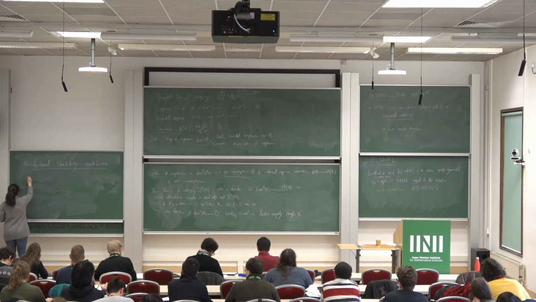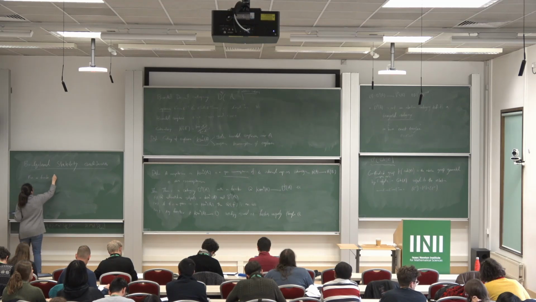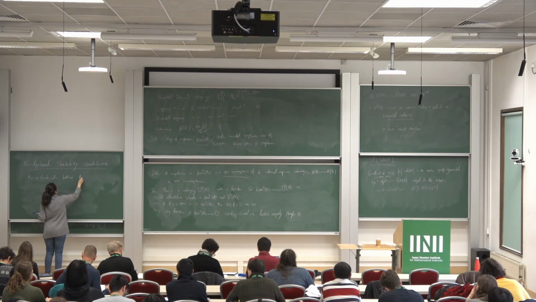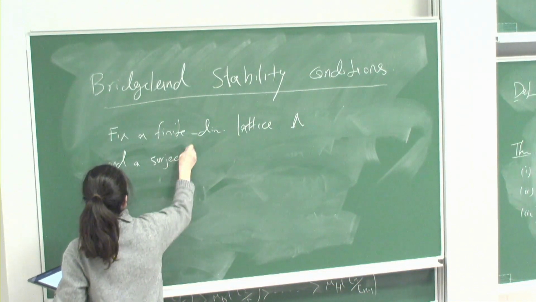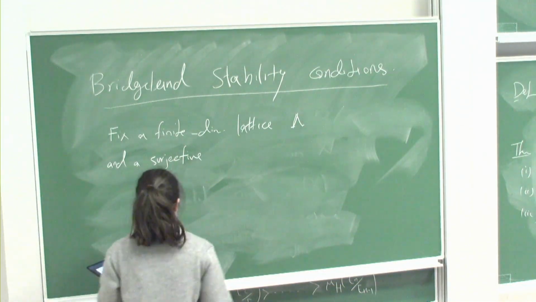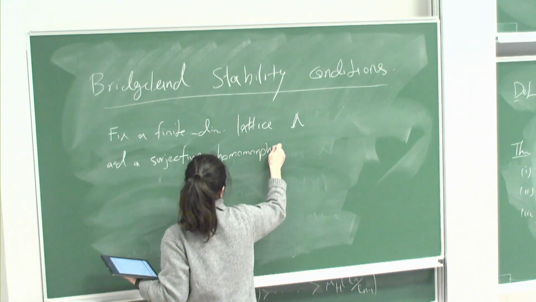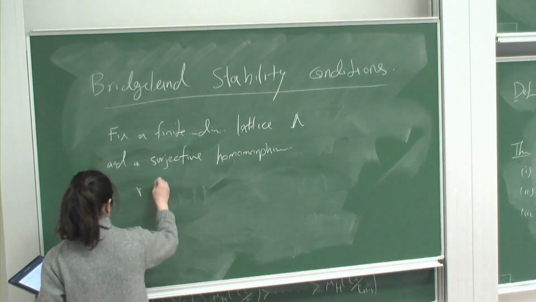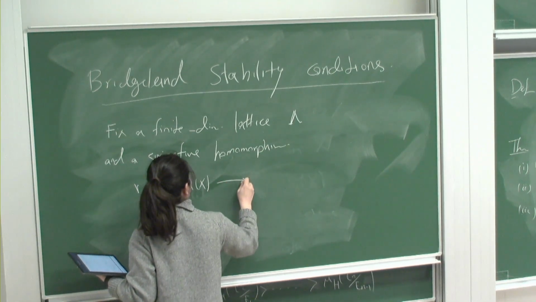So from now on, I'm fixing a finite dimensional lattice lambda and a surjective homomorphism V from the Grothendieck group of coherent sheaves on X to this lattice.